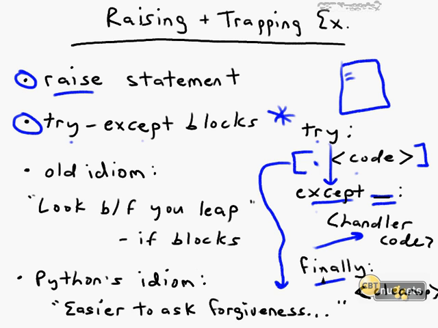Optionally, you have the finally clause. What finally does is it's used for cleaning up when you're running a try and except. For instance, you might have in your try block a call to the open function where you're opening a file and appending to it. You could have exception handling such that if something goes wrong, say an I/O error, you can write a diagnostic message to let you know.